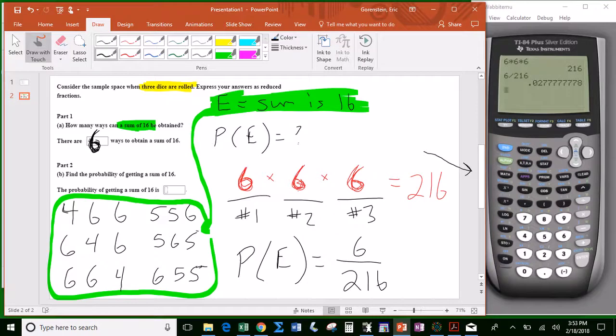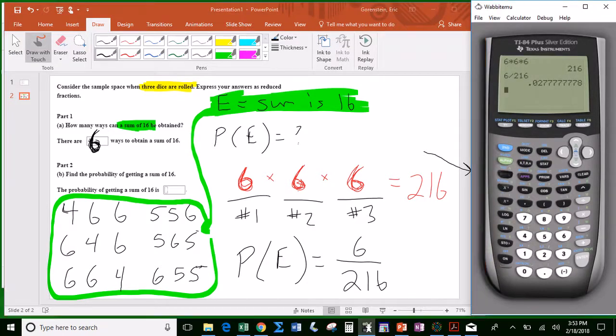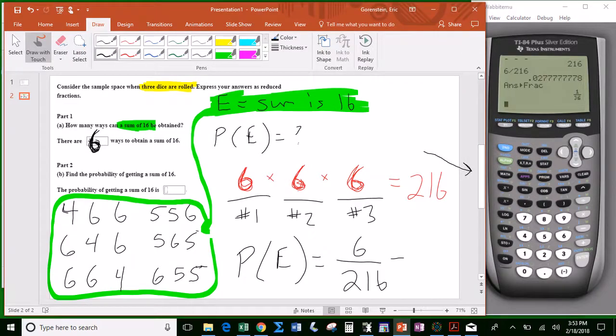If you follow this little black arrow I just drew with a button that says math, the first option, math 1, converts your last answer into a fraction, and it will always give you the fraction in reduced form. So I input 6 divided by 216 and converted it back to a fraction, and according to the calculator that's 1 over 36.